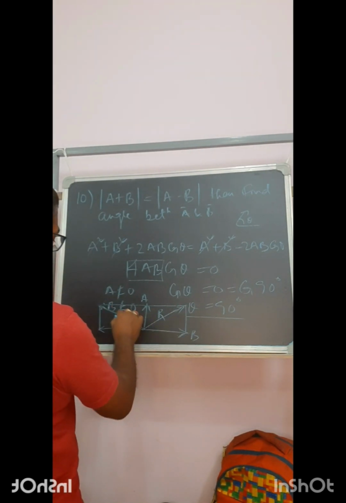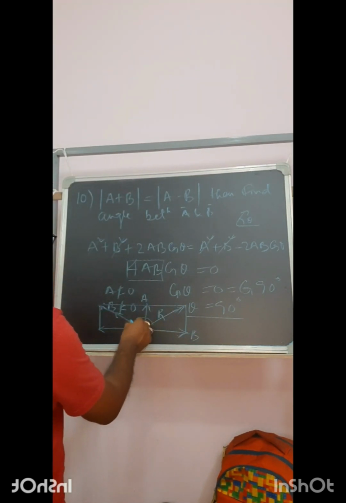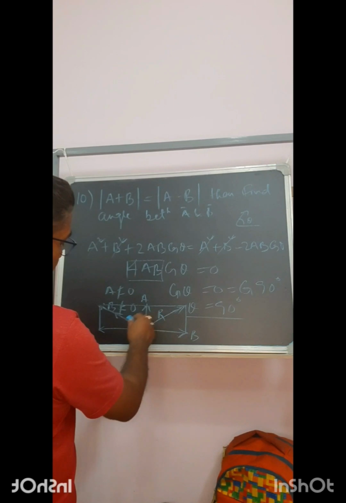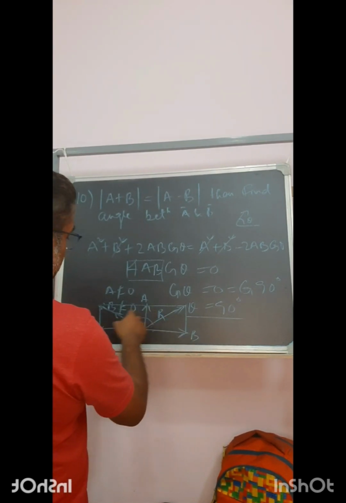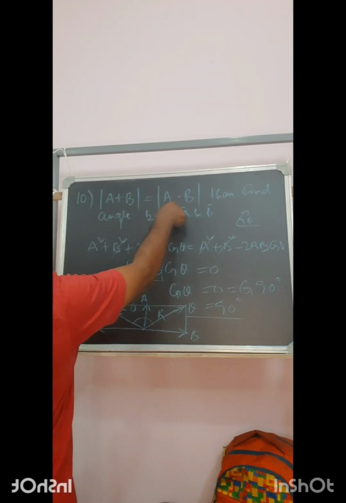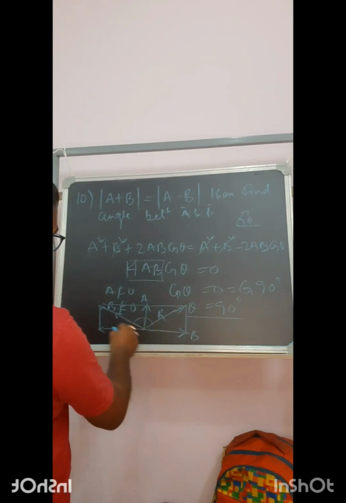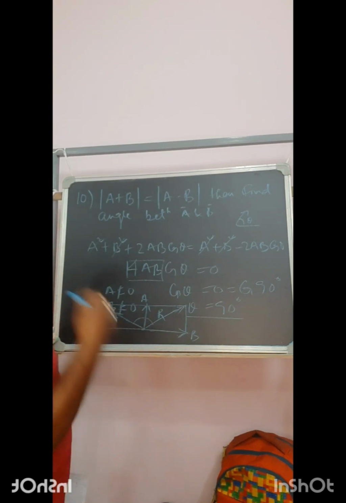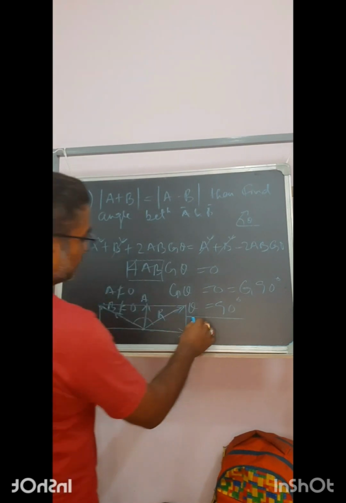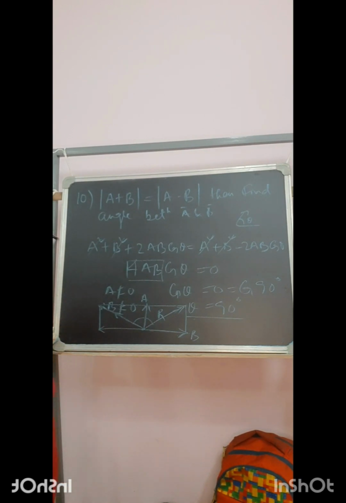So this resultant and this resultant will be 90 degree apart from each other, but magnitude wise they are the same, because I am talking about the magnitude. The magnitude of A plus B is whatever comes, R, and the magnitude of A minus B is also the same. Only the direction differs, so the vectors will not be the same, but the magnitude will be the same. So that condition is when theta is equal to 90, that means two vectors are acting 90 degree to each other.